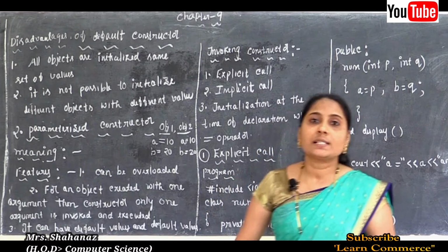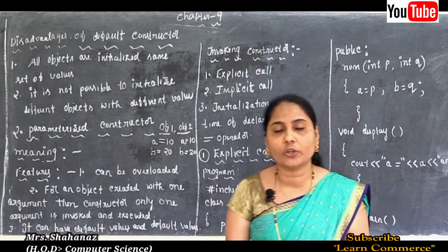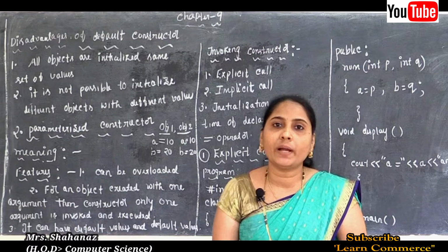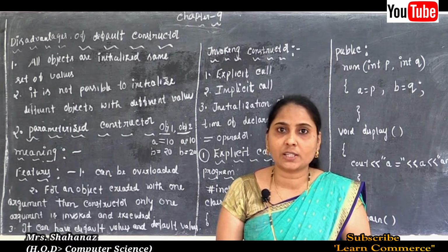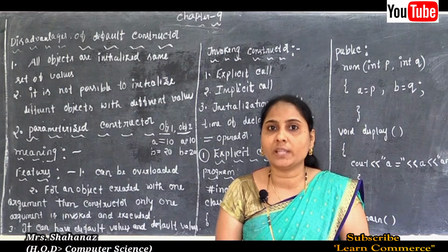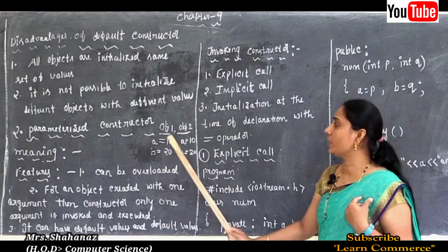So the second disadvantage is that it is not possible to give different objects different initial values. All the objects need to use the same set of values.